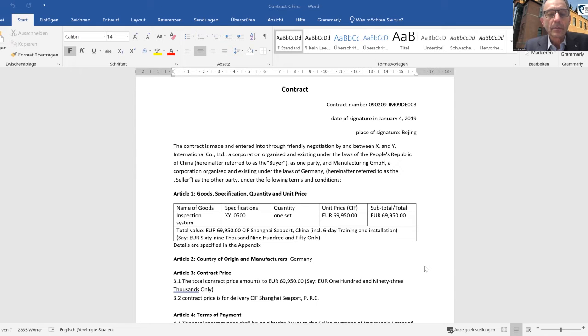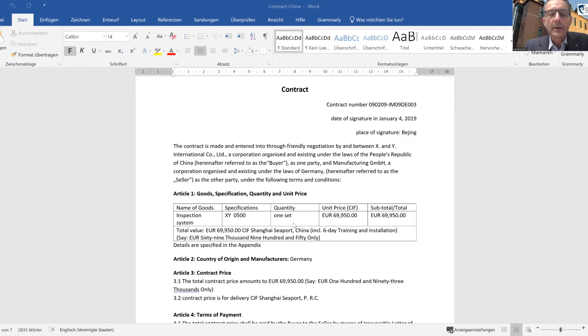In Article 1 are named goods, specification, quantity, and the unit price. So you see here in that table, it's an inspection system, specifications X, Y, 0500.